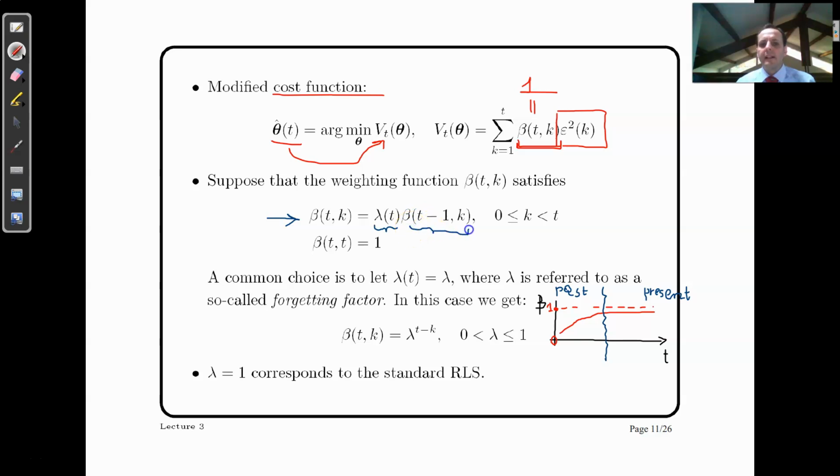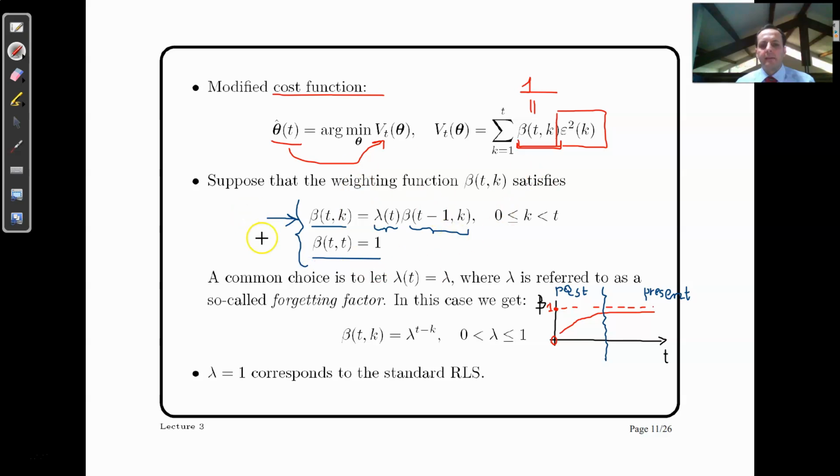As you can see here, the previous value of beta is multiplied by a parameter lambda, which gives you the value of beta at the instant t. The final value of beta is equal to 1. This is a particular difference equation where the condition is given at the final value rather than at the initial value.